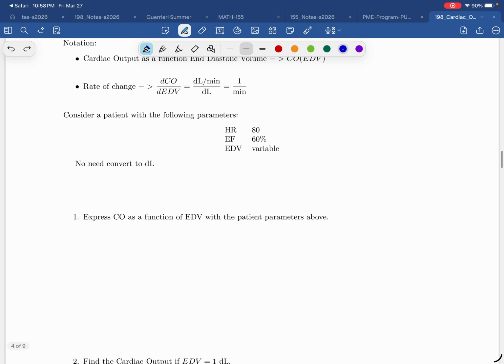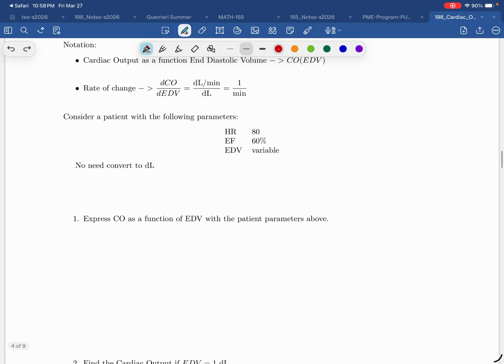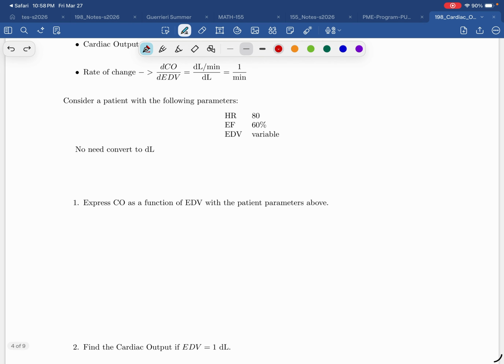Now we're going to do an analogous sort of thing, except we're expressing cardiac output as a function of end diastolic volume, not heart rate. Heart rate is now going to be a constant. Ejection fraction is still going to be a constant. EDV is going to be our variable, right?